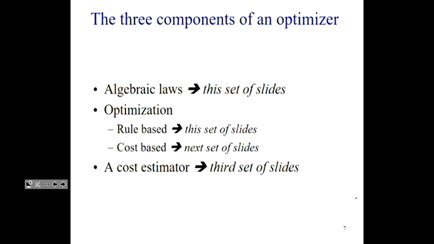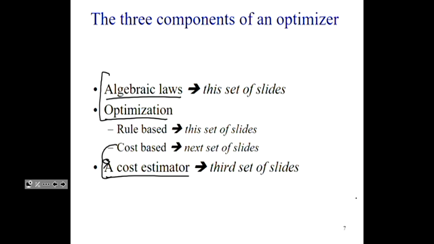Okay, so the three components of an optimizer are the algebraic laws, the optimization component, and the cost-based estimation component. The first two were the ones that I mentioned in the previous slide. And then the third one is a way of estimating the cost. So cost-based optimization requires a mechanism to estimate the cost of a certain operation.